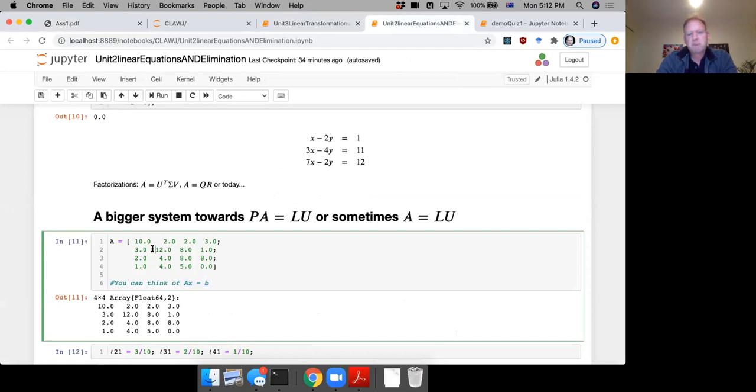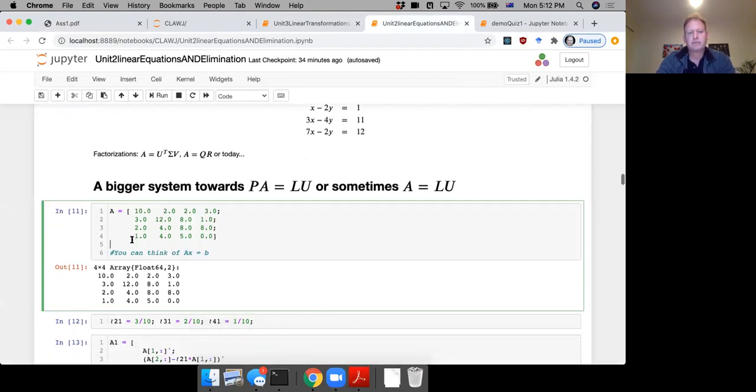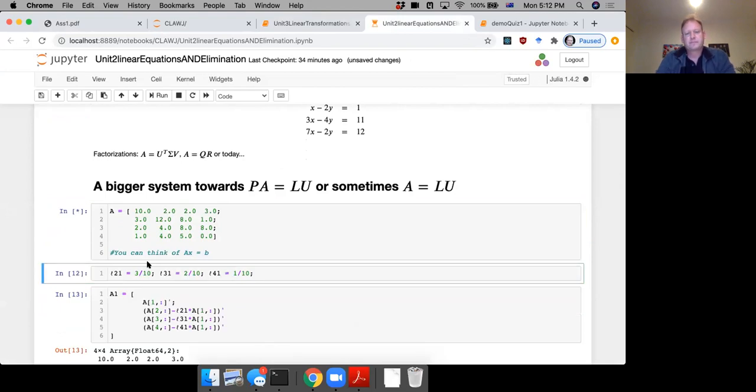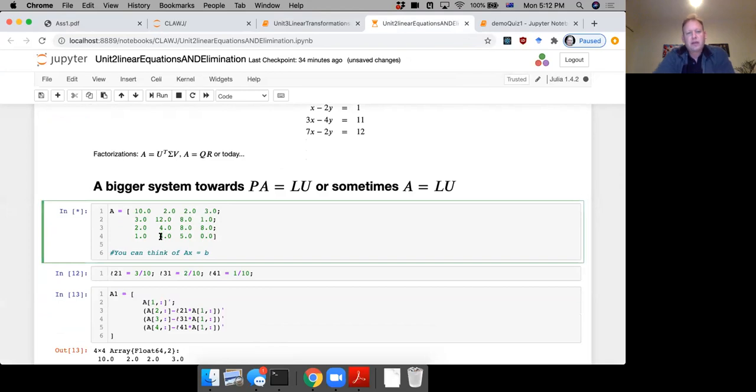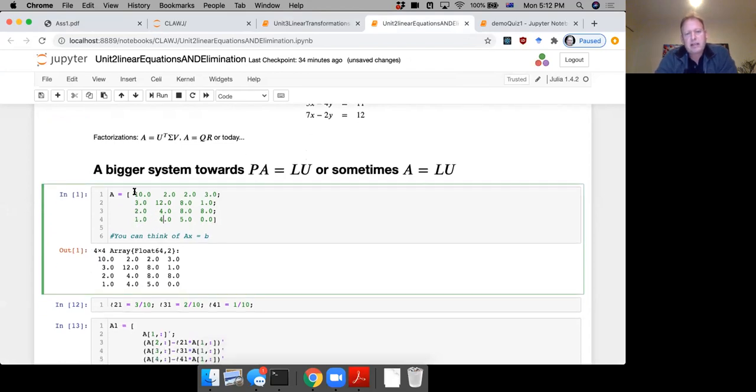And now let's look at this matrix A. Here's our matrix A. Now, what we do when we do Gaussian elimination for this matrix is we basically take the top left number and we call that a pivot if it's not 0.